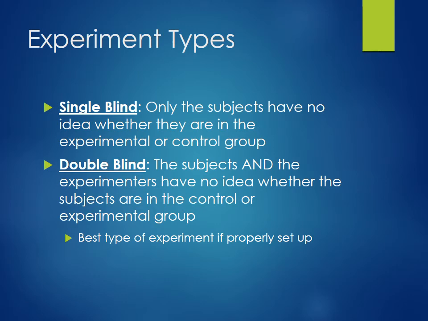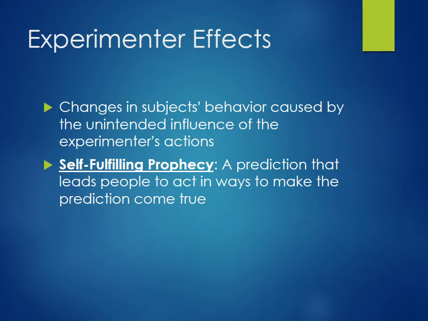That way you don't have any bias. Experimenter effects are changes in the subject behavior caused by the unintended influence of the experimenter's actions. And this is why double blind is better, because you don't want the experimenter's body language, cueing people in, asking more questions, maybe focusing in on people, whatever it might be. You don't want to have any bias in that.